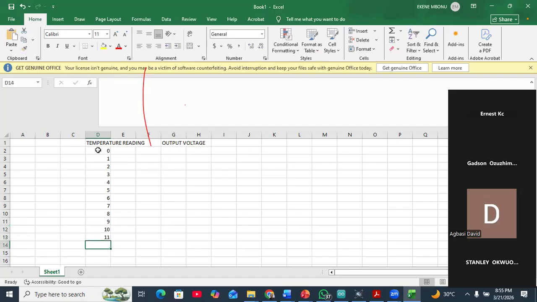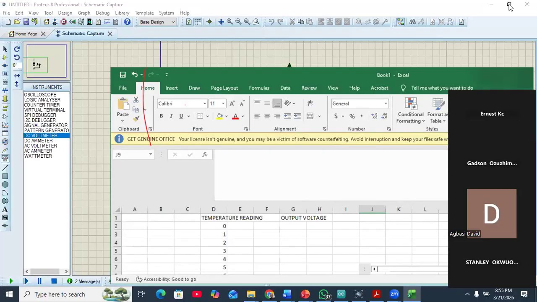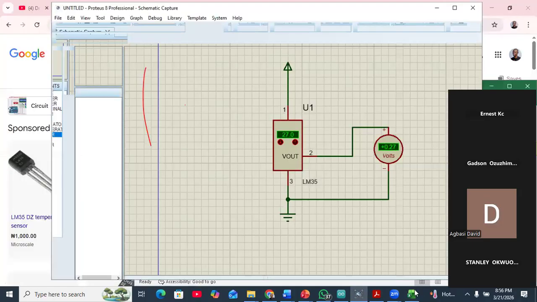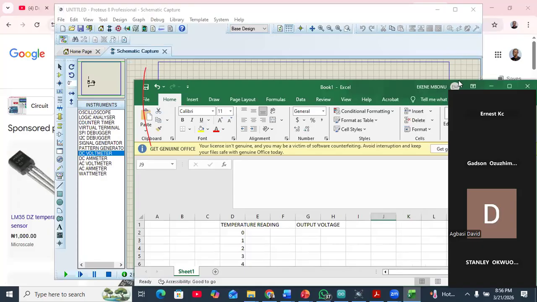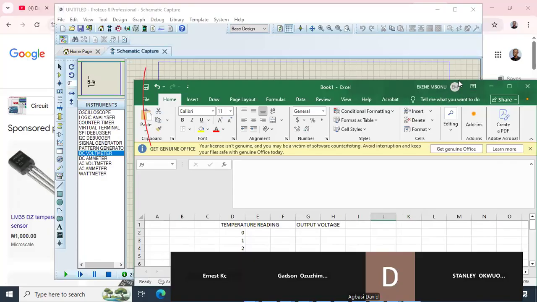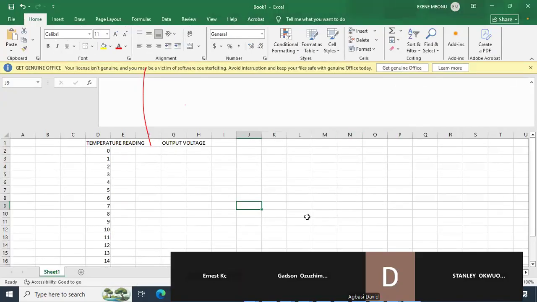Just see that we're in the laboratory now. 12, 13, 14. So let's stop here, at this level, where you can see my screen properly.